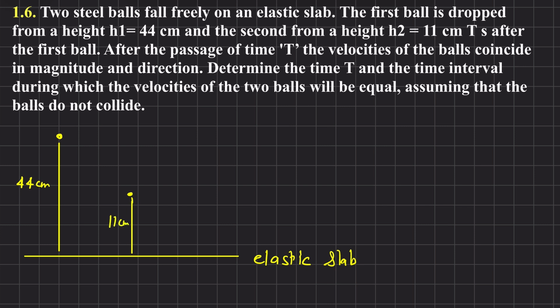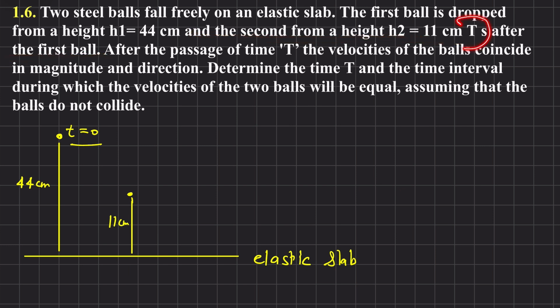The question says two steel balls fall freely on the elastic slab. The first ball is dropped from a height h1 equal to 44 centimeter, and the second from a height 11 centimeter t seconds after the first ball.